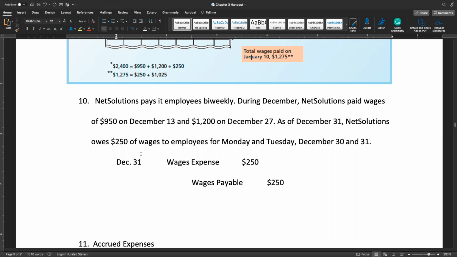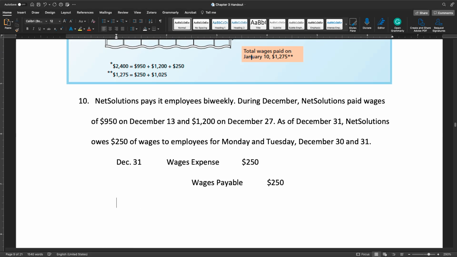What this does is shows in our expense account the wages our employees have earned. But because we're not actually paying them yet, we're crediting wages payable to show that we know we owe some money to them. It's a liability, just saying, yep, we know we owe money, we're going to pay it to them later.